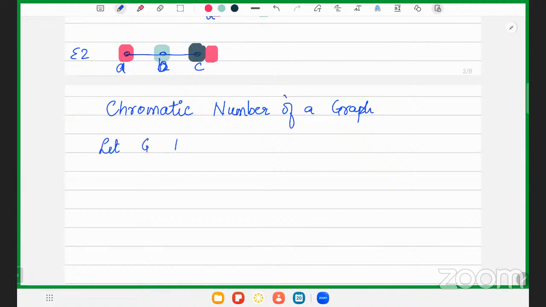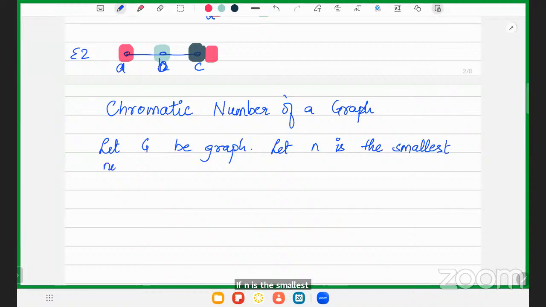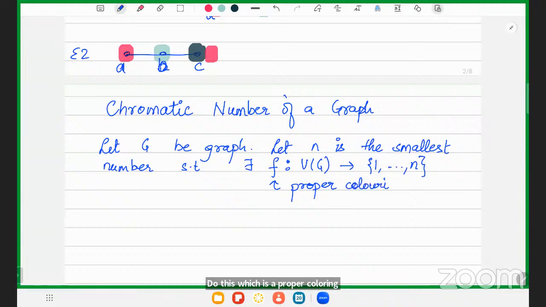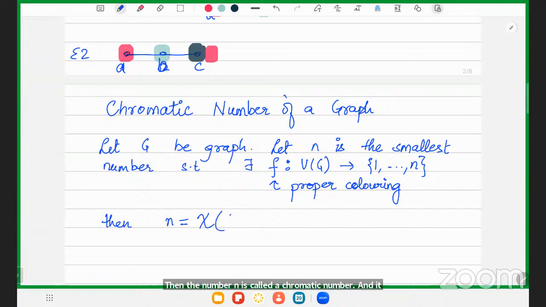So you take a graph, and if n is the smallest positive integer such that there exists a function f from the vertex set of G to this set which is a proper coloring, then the number n is called the chromatic number and it is denoted by chi of that graph.